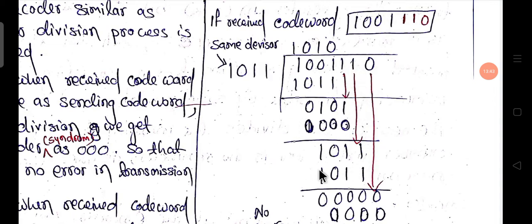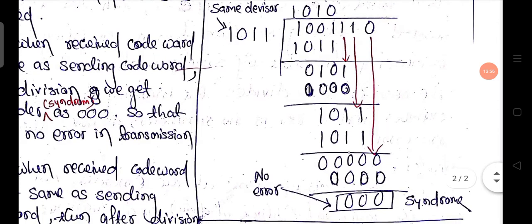Here the leftmost bit is 1, so we can divide this 1 1 0 0 1. Then 0 0 0, the next bit is dropped down, then all zeros, and we get a 0 syndrome or remainder. Since we get a 0 syndrome, the received data has no error.